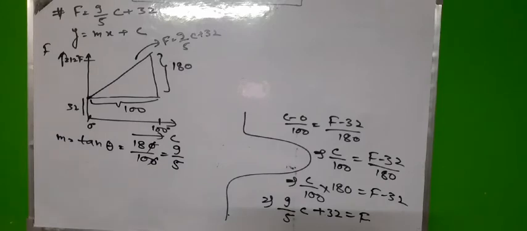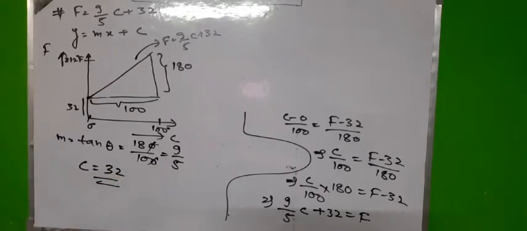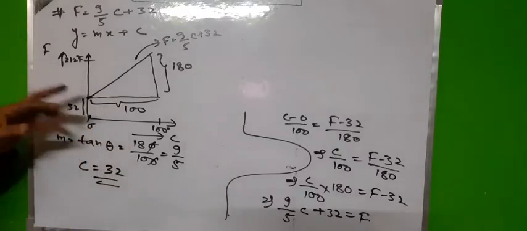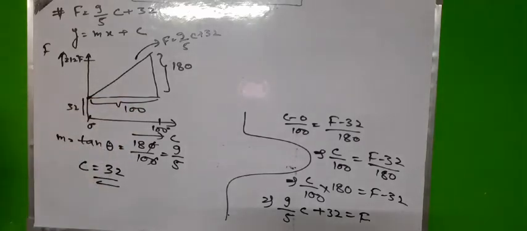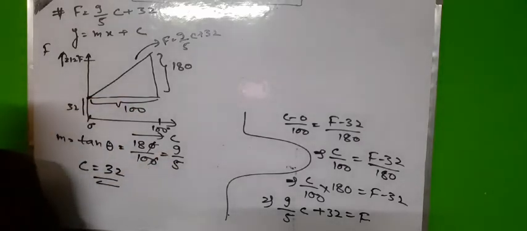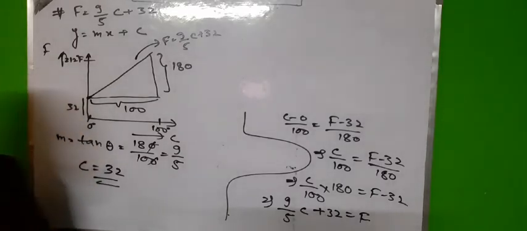This is a straight line, and the intercept c is equal to 32. In this way we can graphically correlate the Fahrenheit scale and the Celsius scale. This difference and this difference, and the slope is 9 upon 5. So this is about the relation between different types of scales.